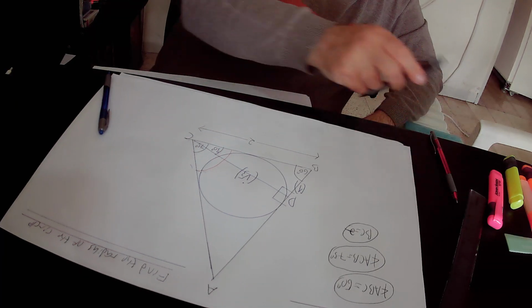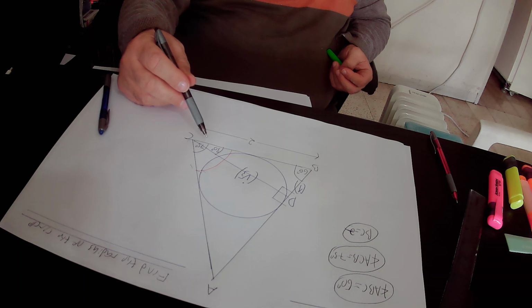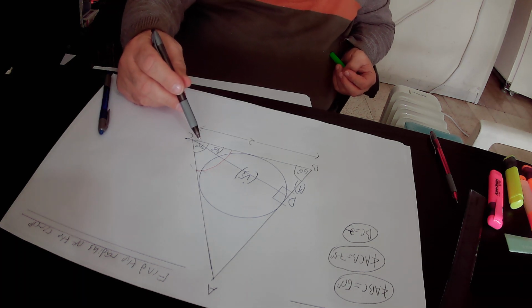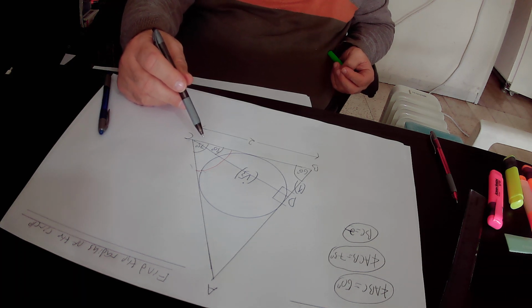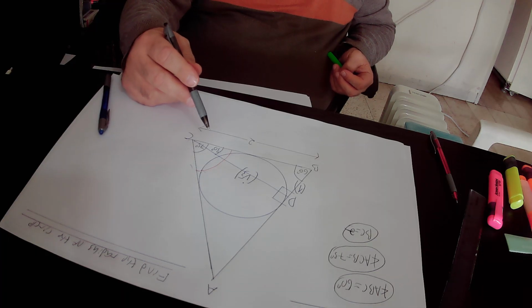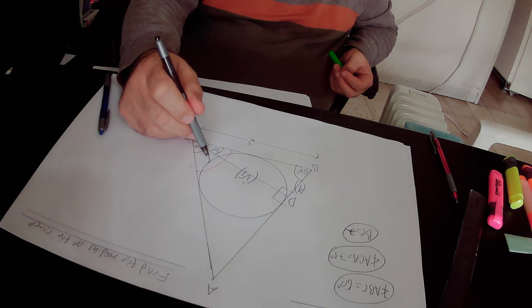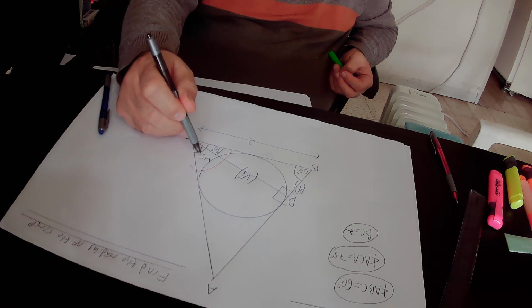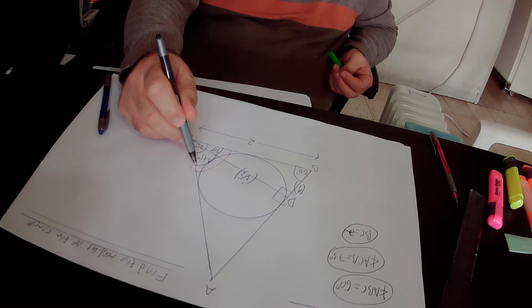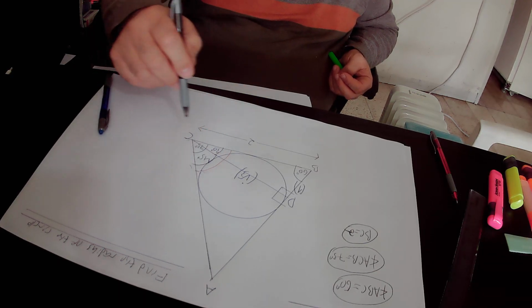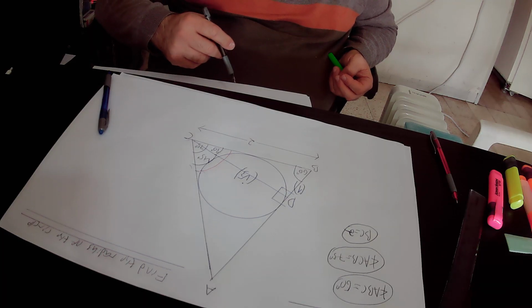The big angle equals 75 degrees, the small angle equals 30 degrees. 75 degrees minus 30 degrees is 45 degrees. So the missing angle here equals 45 degrees in its size. That is to say angle ACD equals 45 degrees in its size.